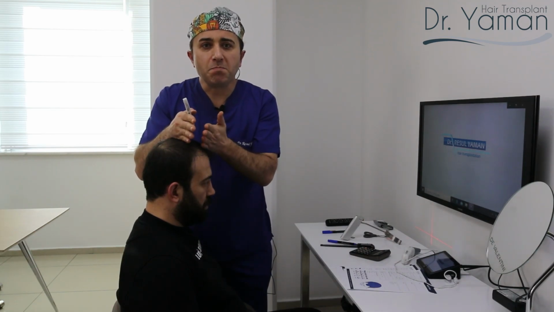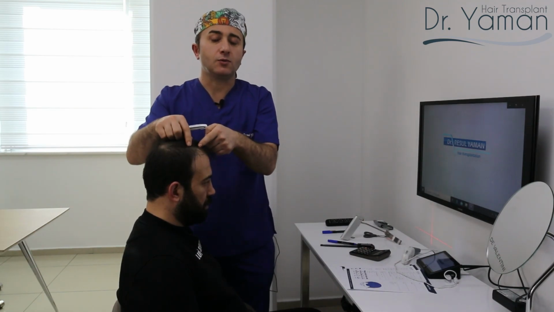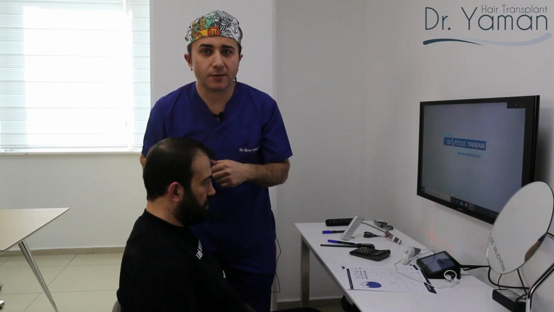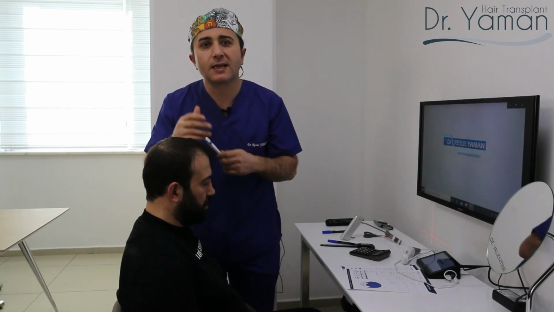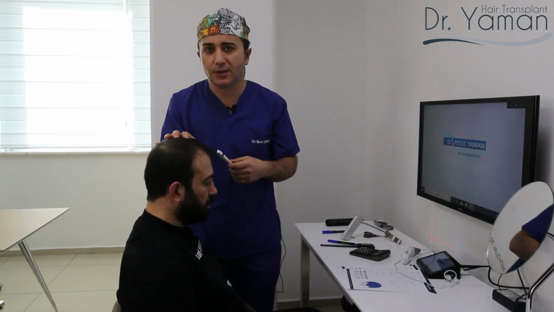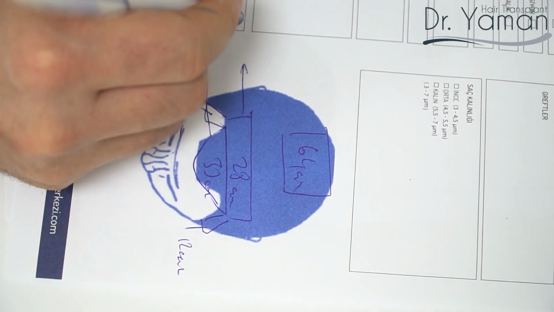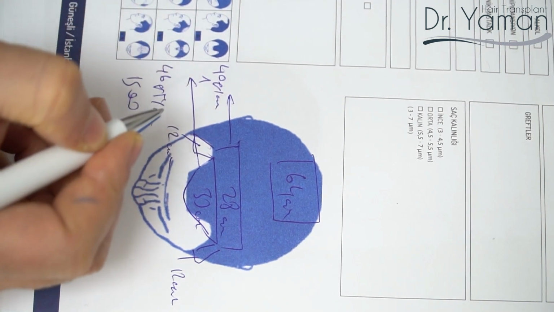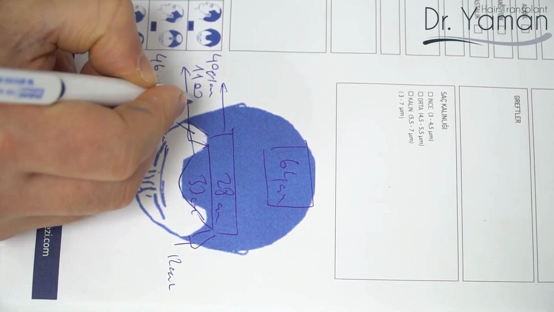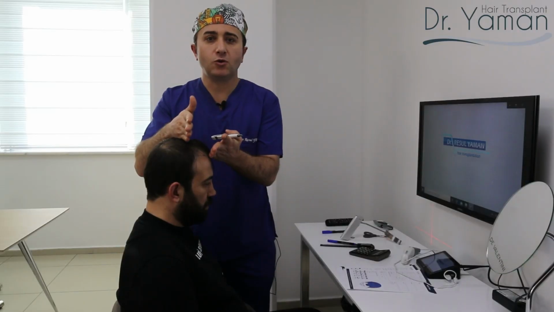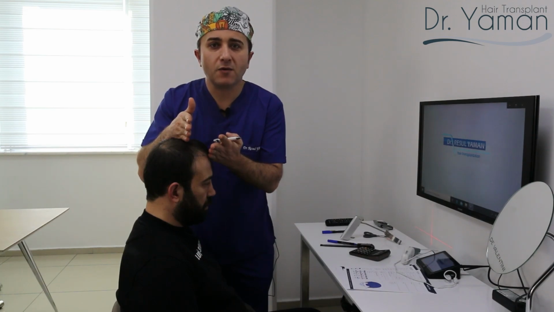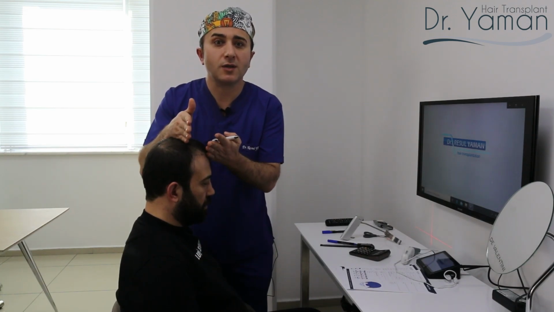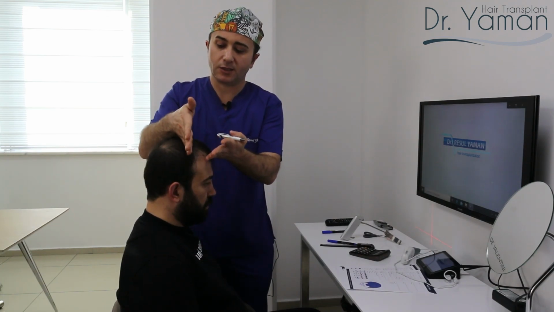On the front and middle area, we have 28 square centimeters, but we have detected healthy hair follicles here as well. We are going to use 40 grafts per square centimeter here, which makes 1100 here. In total, for the front area, we will implant 3600 grafts.